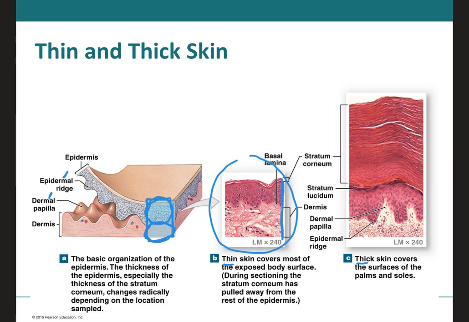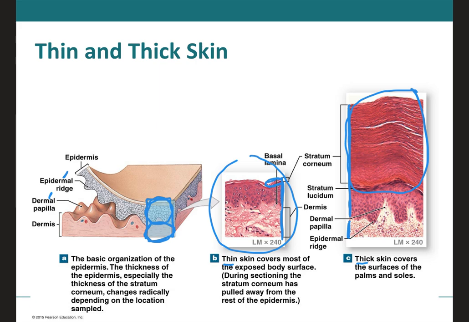Same thing on the thick skin. All of this would be your epidermis, and then this part over here would be your dermis. Notice how the stratum corneum on the thick skin is way thicker compared to the stratum corneum on thin skin.